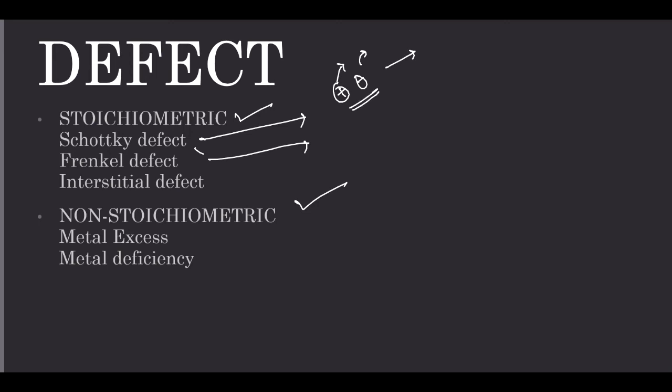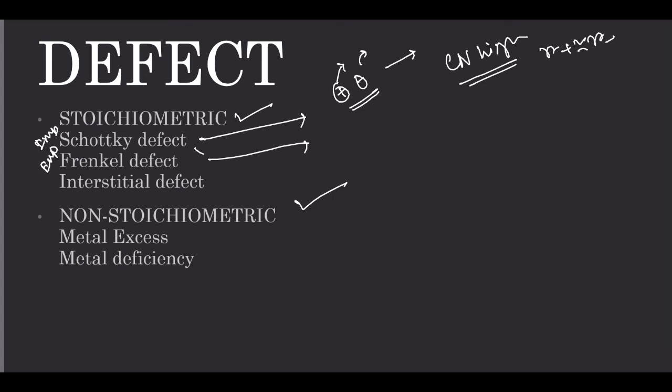As equal number is going out, electrical neutrality will be maintained, and the coordination number will be high. In case of Schottky defects, we need to see some examples also. Another point, size of cation and anion should be almost equal.